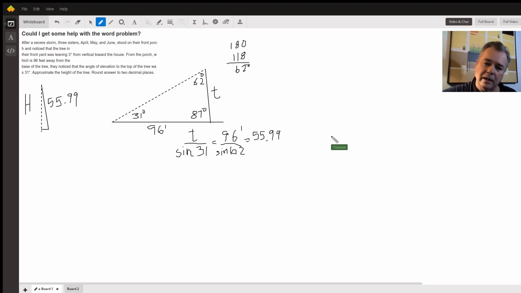And so what would our equation be for that? Would just be the cosine of 3 degrees is going to equal adjacent over hypotenuse, which is that height, over 55.99.